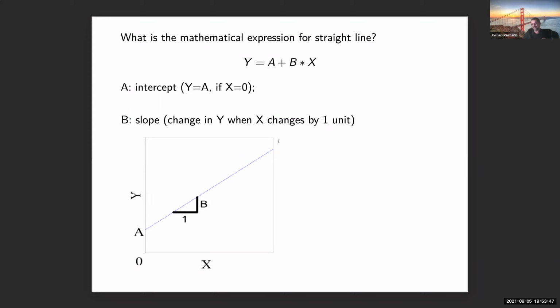Funny detail, I learned that in Austria as k and d. Here it's a and b. It comes to the same thing. This term that stands alone, a, is the intercept, whereas the b is the slope. So this is the change in y when x changes by 1 unit.